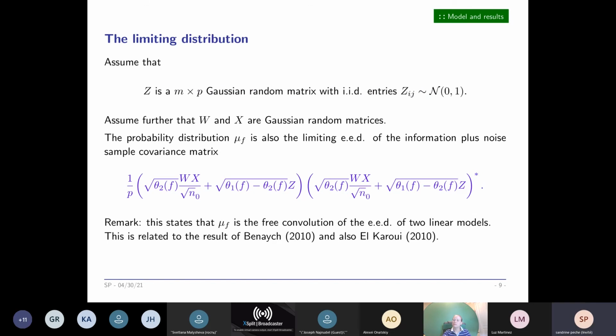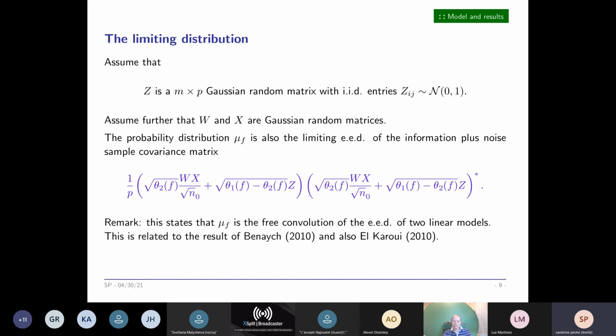Okay, and actually we can describe this limiting distribution mu f in another way. So it's actually the limiting empirical eigenvalue distribution of an information plus noise sample covariance matrix.